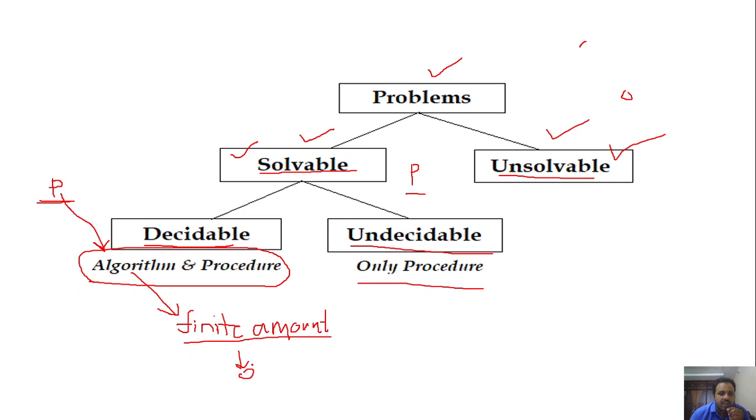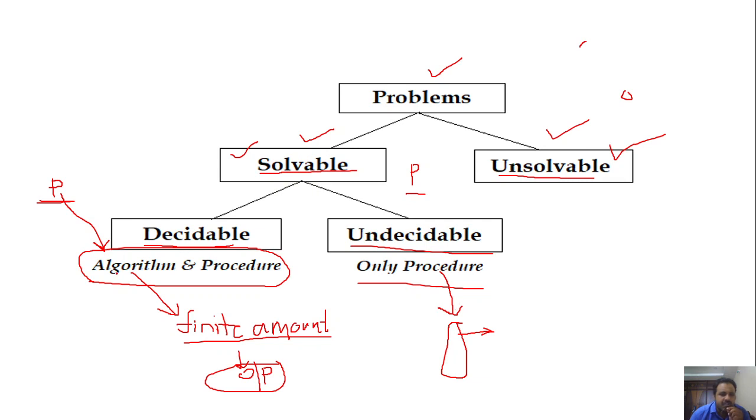So it is going to have a finite set of instructions, and it is going to take a finite amount of time to produce the output. So that is about the algorithm. If you consider the procedure, it is going to have a set of instructions, but we cannot predict the execution time of the procedure. Okay, so that is the difference.